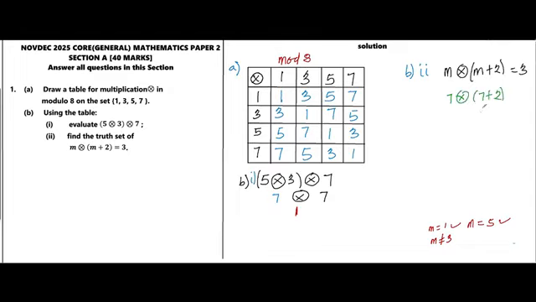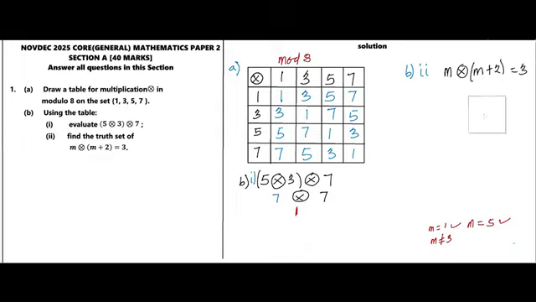Bracket first: 7 plus 2 is 9, times 7. From the table, the highest number here is 7. We don't even have 9. So this one is invalid.